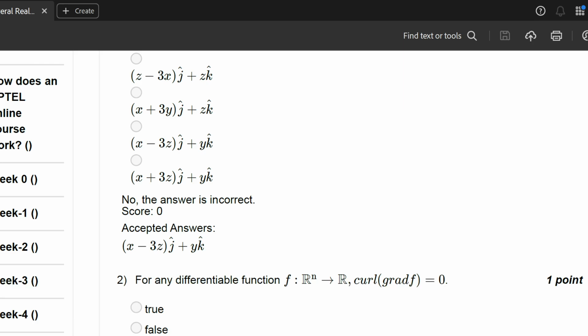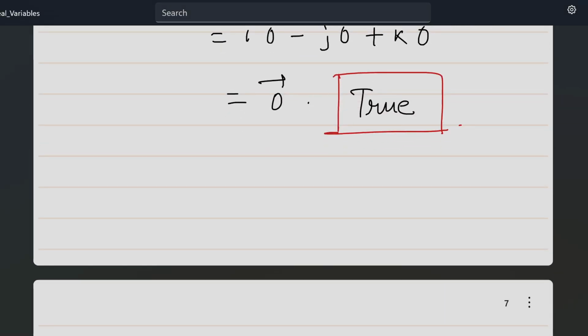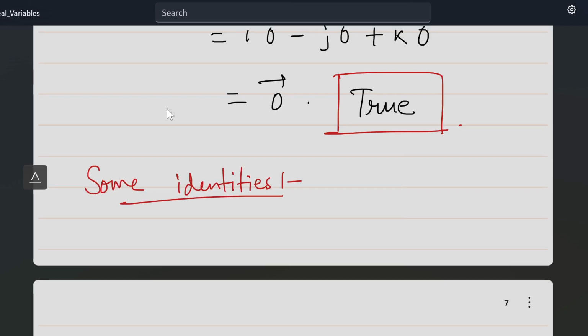It is very easy. There are actually many identities of this type. So I will tell you some identities, some different things, so that you can know some more. So let me write some identities. I'm writing in red color. You can prove them on your own. Suppose capital F is F1, F2, F3, and another G is G1, G2, G3.